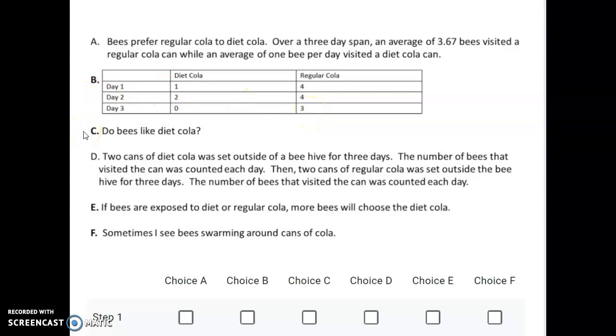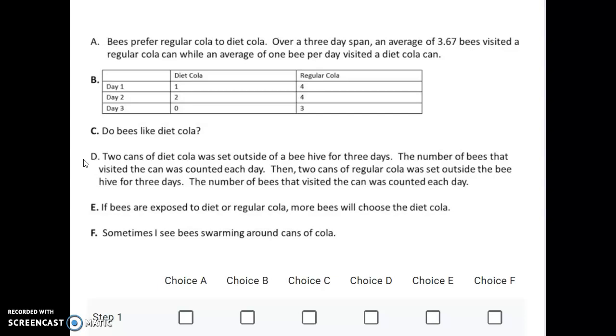Choice C. Do bees like Diet Cola? Choice D. 2 cans of Diet Cola was set outside of a beehive for 3 days. The number of bees that visited the can was counted each day. Then, 2 cans of regular cola was set outside the beehive for 3 days.